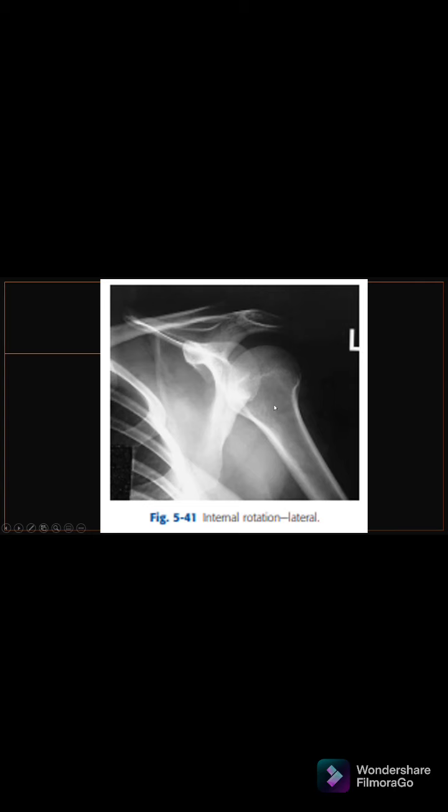So for the evaluation criteria nito, malalaman natin na internal rotation dahil ang main evidence dito is ang lesser tubercle naman ang nasisituate sa medial side banda ng humeral head, kasi since internal rotation, so dapat dito siya banda masituate ang lesser tubercle.